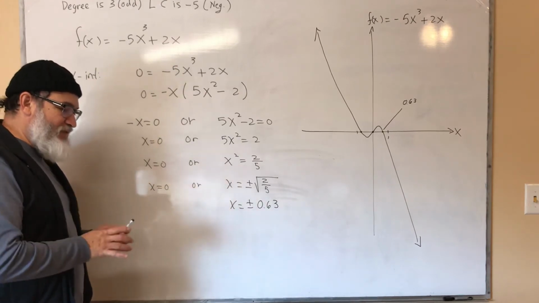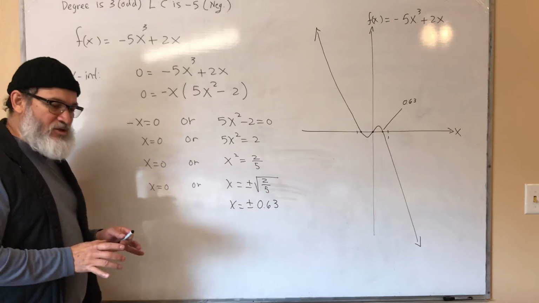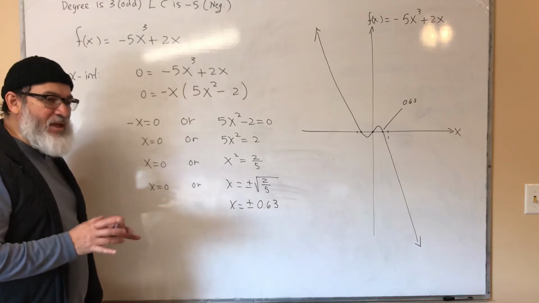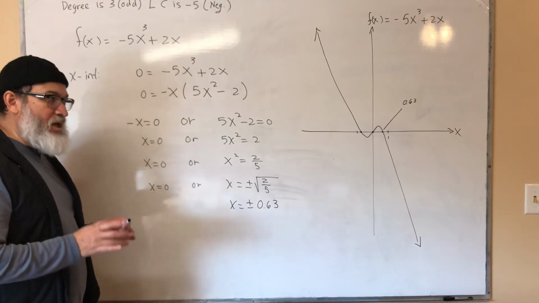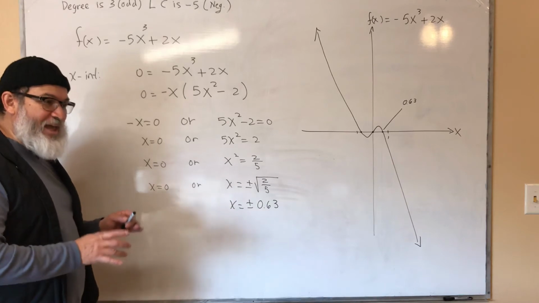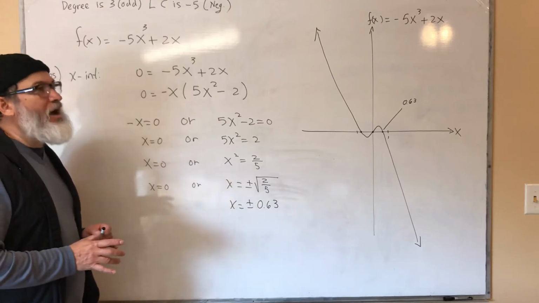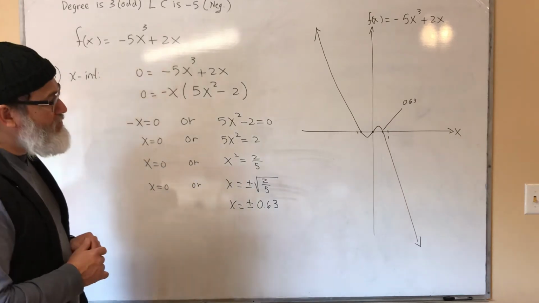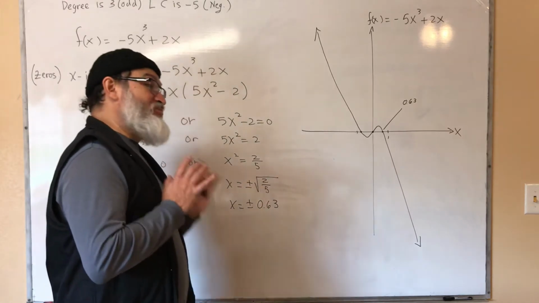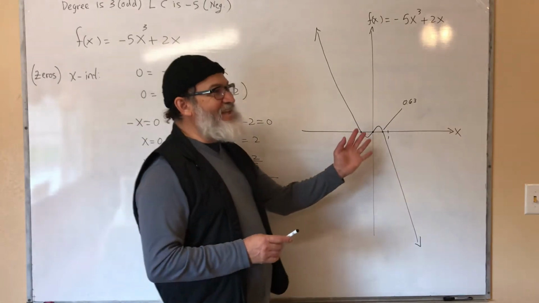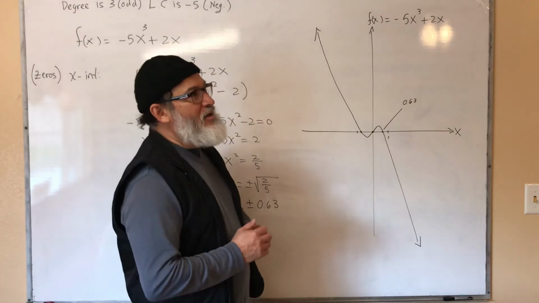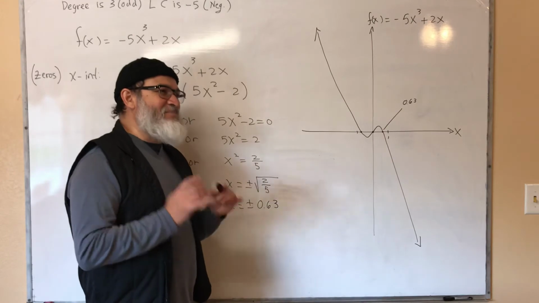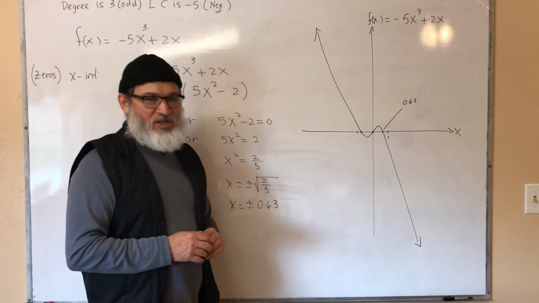My point is that when graphing polynomial functions, it pays to know the end behavior of the function. It also pays to know if the function is odd or even. It seems to me that this function is odd, which means it is symmetric with respect to the origin.